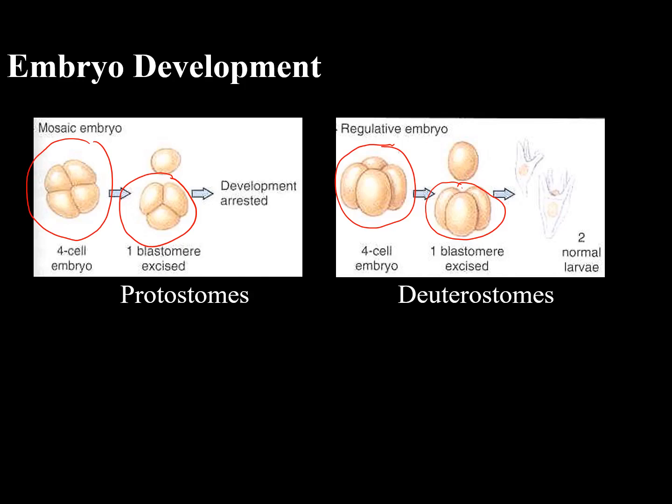They call this a regulative embryo. So in other words, this embryo that has lost a cell has a mechanism in place that recognizes that cell is lost, and it just replaces it. It doesn't screw up development. In a mosaic embryo, there is a mapping between each of those cells in the very early stages and major parts of the body. You don't really have that with a regulative embryo.